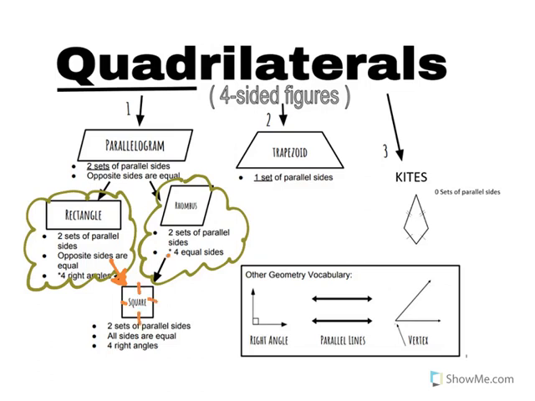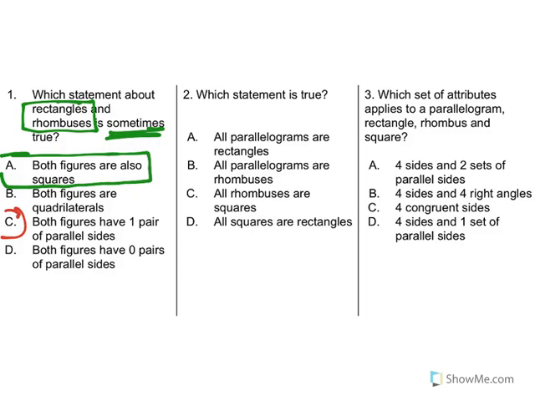Or I could sort my rhombuses even further into rhombuses that have 4 right angles. And that would give us squares. But that will only work for some rectangles and some rhombuses. Not all rectangles and rhombuses are going to be squares. Only some of them will be. So our answer was A.